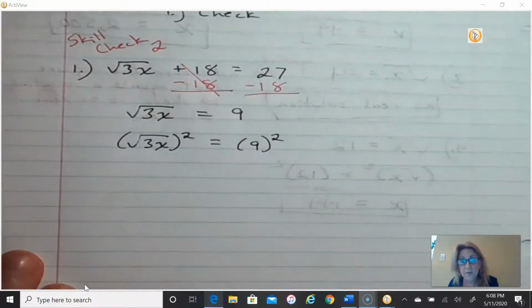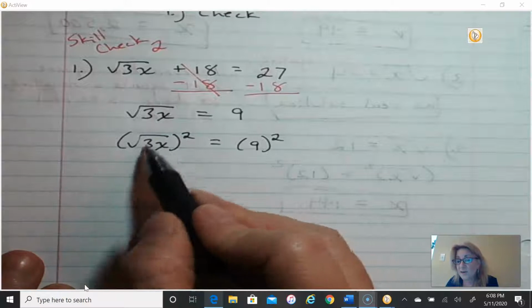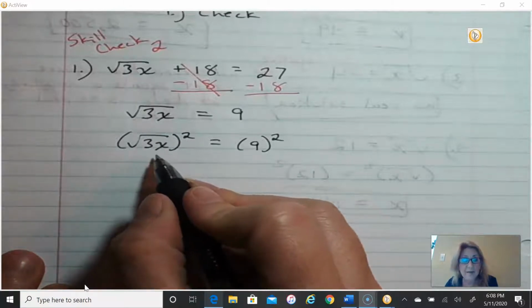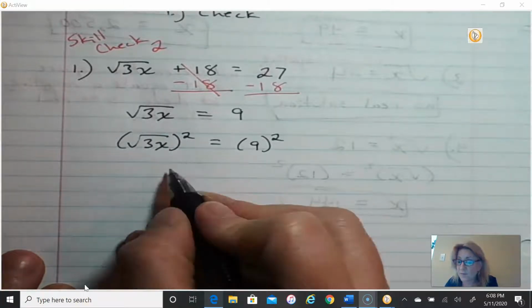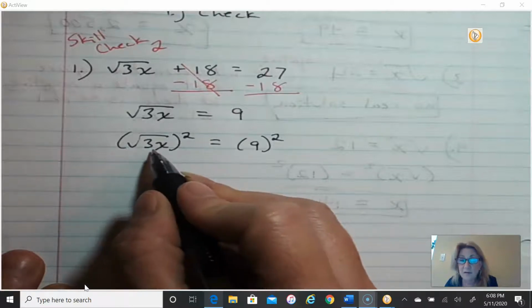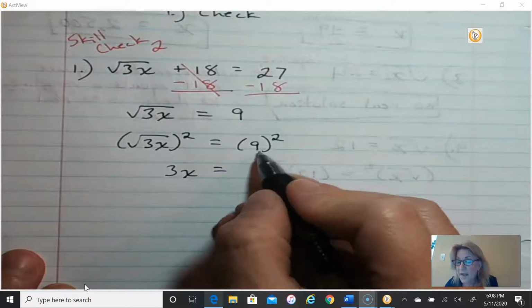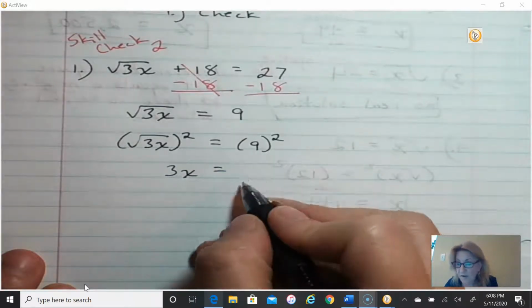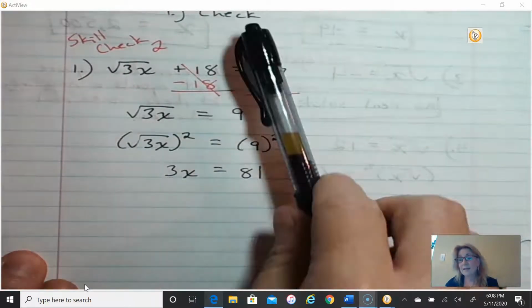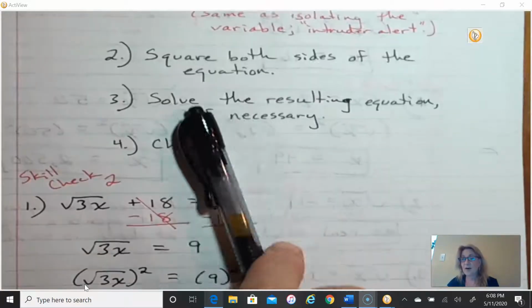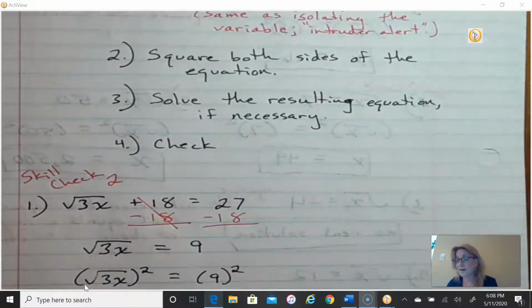If you remember from the beginning of this lesson, when you square this, it takes it out of the square root. So if you square the square root of 3x, you're left with just plain old 3x. And 9 squared is 81. Now, step 3 says solve the resulting equation if necessary.